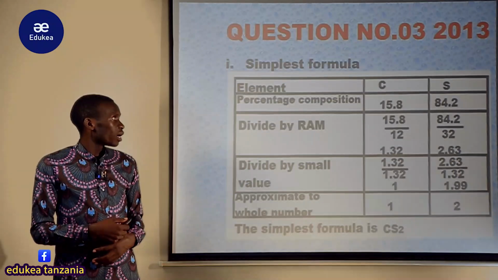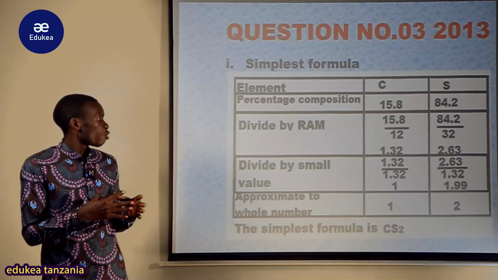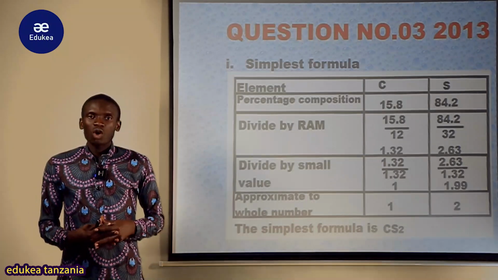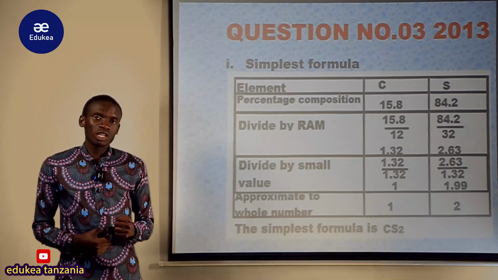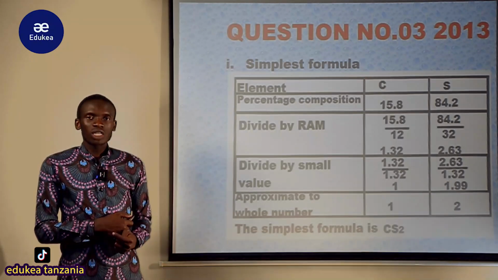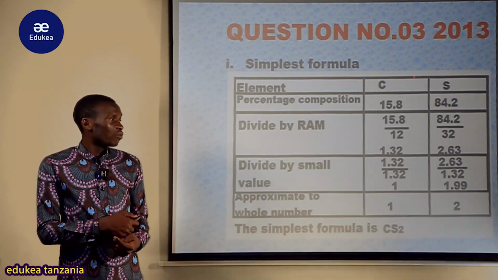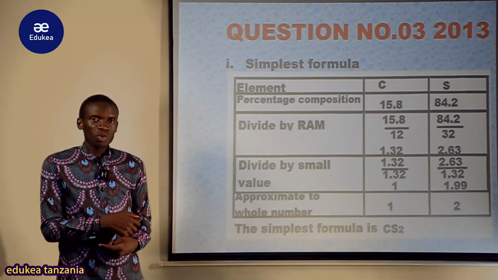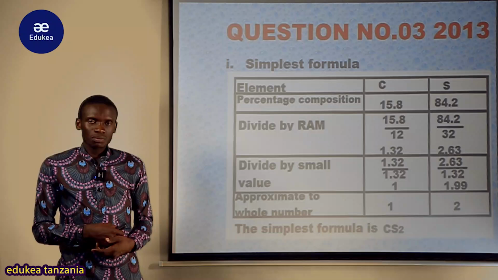To determine the empirical formula, there are almost 5 steps to achieve the simplest formula, which is called the empirical formula. The first step is to write the constituent elements of the compound. For our question, the elements given are carbon and sulfur, so we write carbon and sulfur in separate columns.